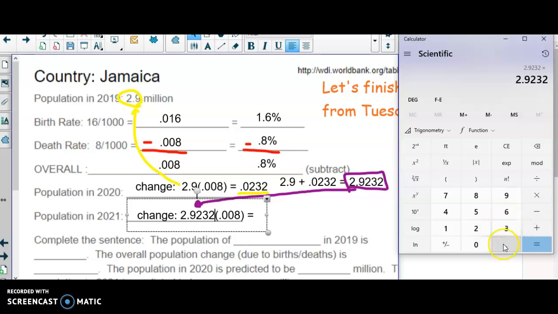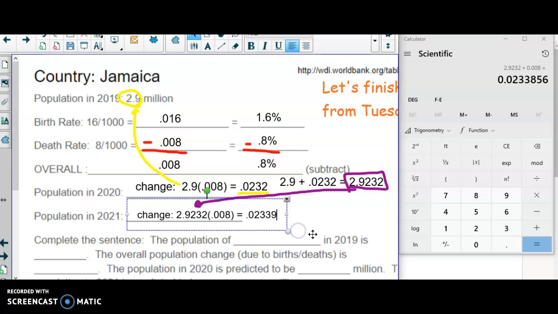2.9232 times 0.008. Whoa, look at that number. Look at all those decimals, okay? 0.0233, let's say 339, okay? And that's our change. So we're going to add our original amount and our change, just like we did here.